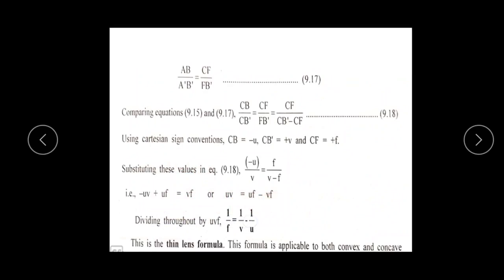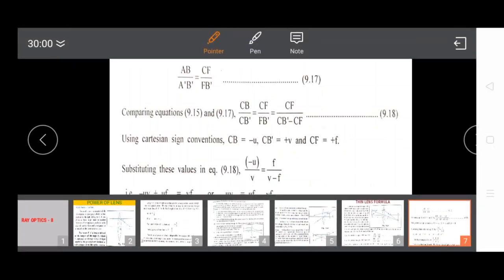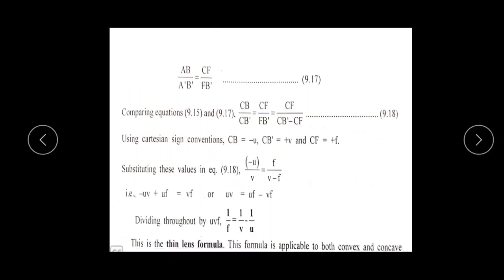Now divide this equation through by UVF. Then UV by UVF, UV gets cancelled, and you get 1 by F equals UF divided by UVF. UF gets cancelled, so the remaining term is 1 by V, minus, as it is, VF divided by UVF.